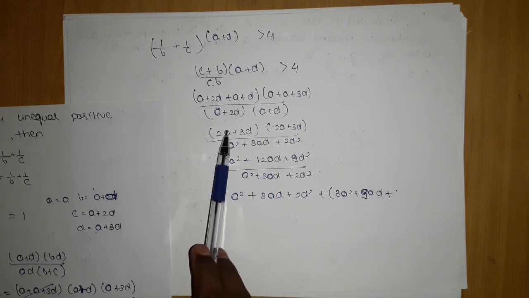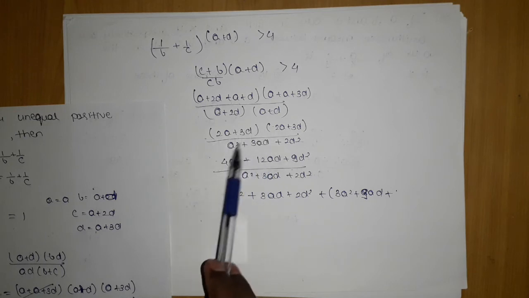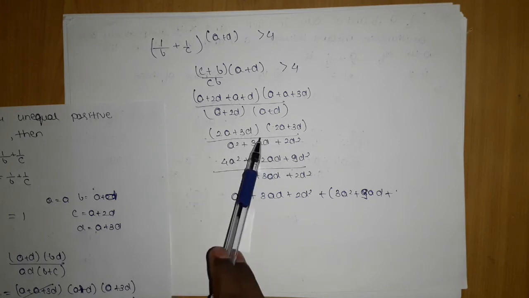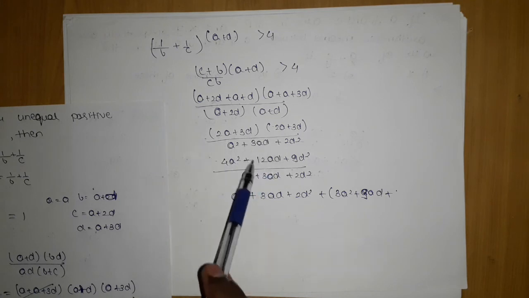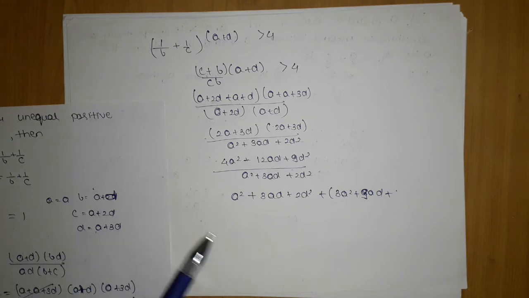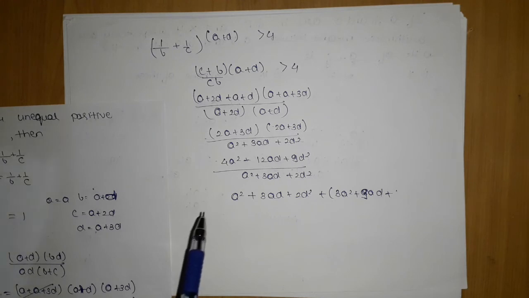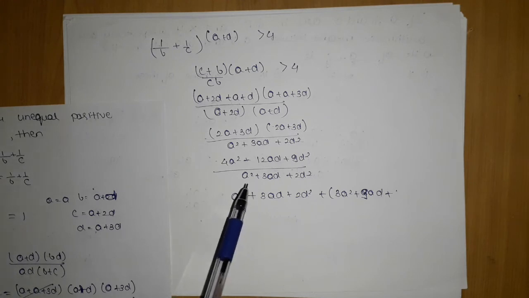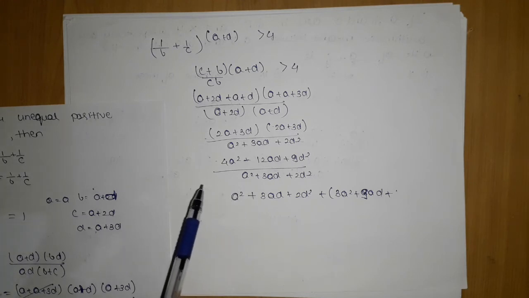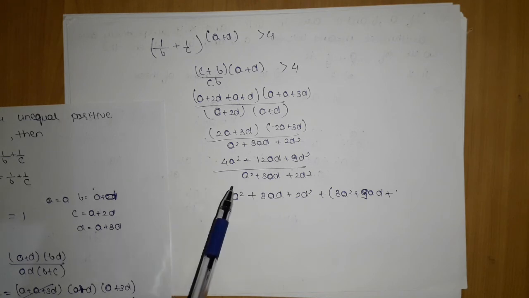C is A plus 2D and B is A plus D. Fine, A square 2AD, and this one is AD, 3AD plus 2D square, and this one is 4, 3A square plus 2. And this is 3, and this will be A plus 3D, the whole square. So 4A square plus 2 plus 9D square.